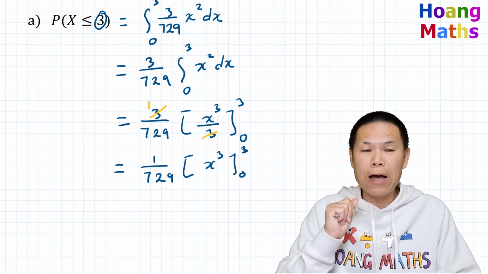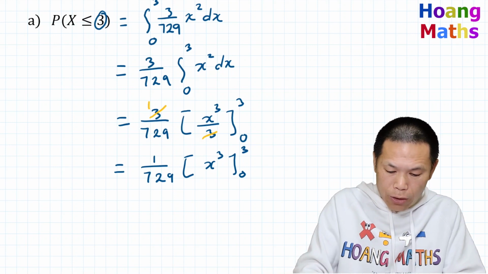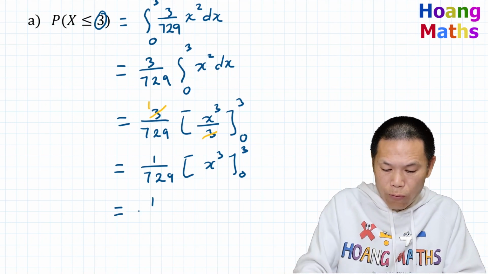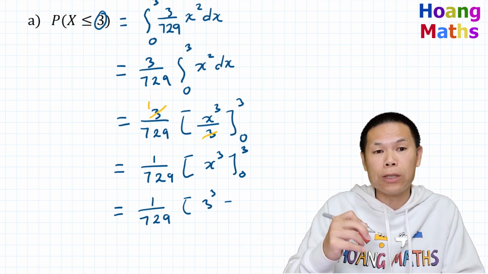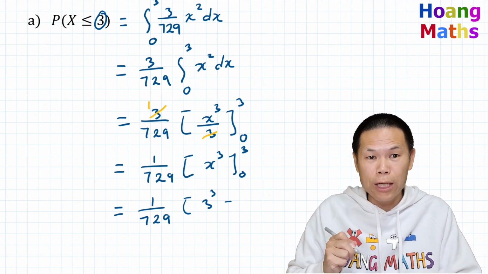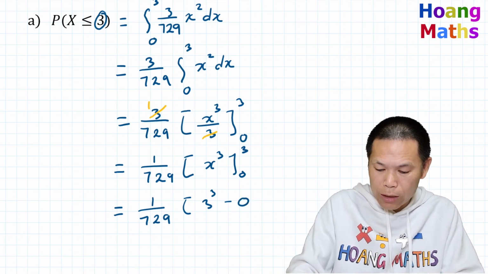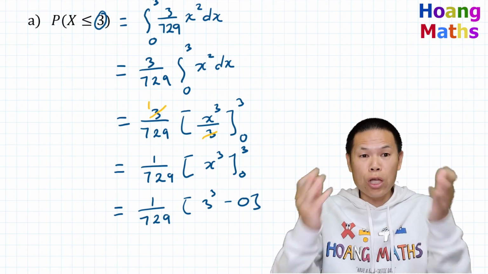So now I just evaluate this. That is equal to 1 over 729 and then x to the power 3. So 3 to the power 3 minus 0 to the power 3. And we know that 0 to the power 3 is 0. So which is minus 0. So what I do, I just put that in the calculator.